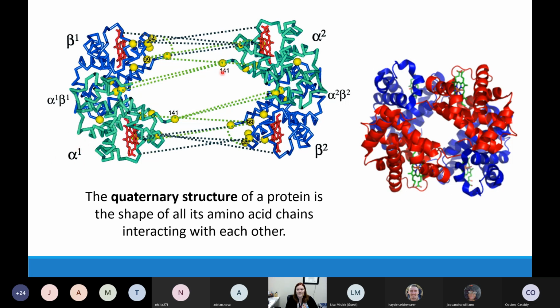I've got 2 of these proteins inside hemoglobin. I also have 2 proteins that are called beta proteins. Again, not beta sheets, just beta proteins. When I'm building hemoglobin that can function and can take oxygen throughout the body, I need 2 alpha subunits and I need 2 beta subunits.